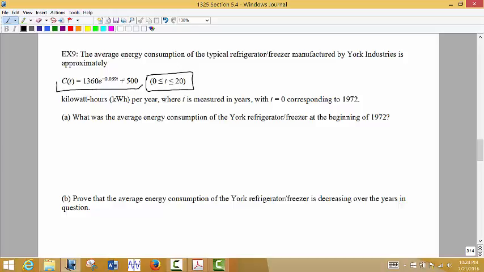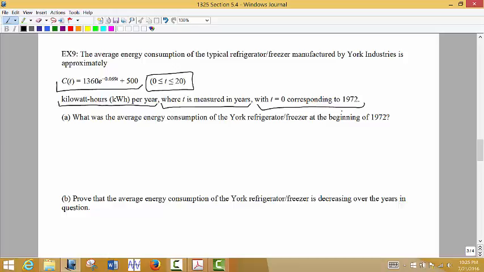It gives us output in kilowatt hours per year, t is measured in years, and t equals 0 corresponds with 1972.